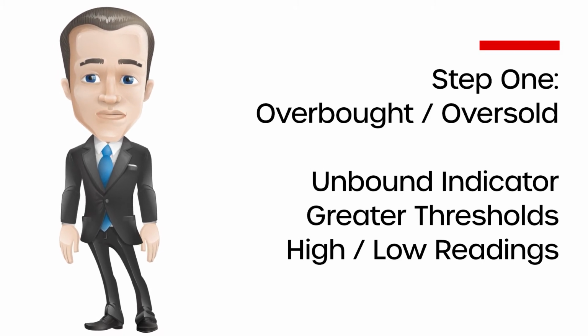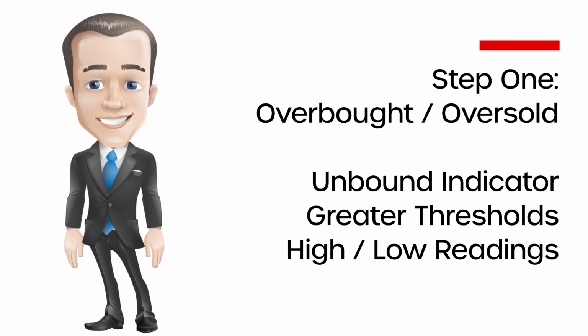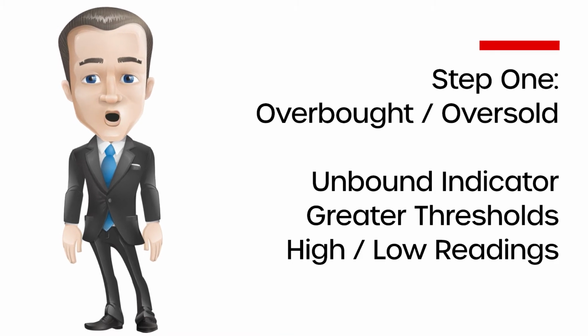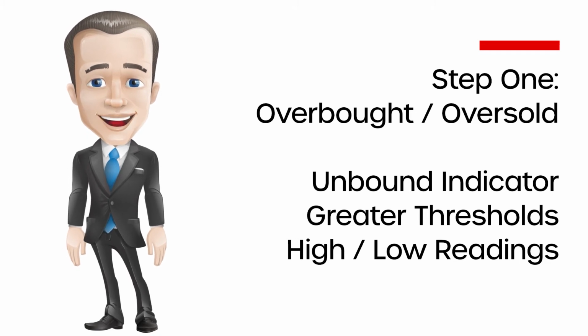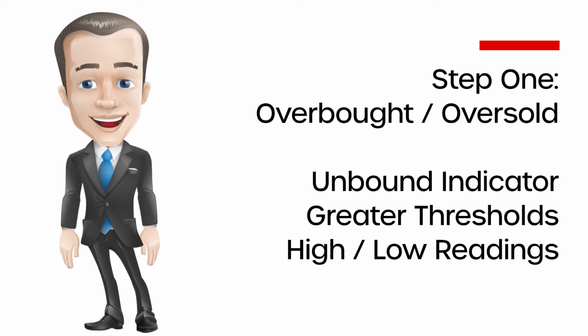KST is an unbound indicator, meaning it can go higher or lower indefinitely. More volatile markets will have a greater threshold. It is not uncommon for stocks to have a threshold at plus or minus 200 or even higher.